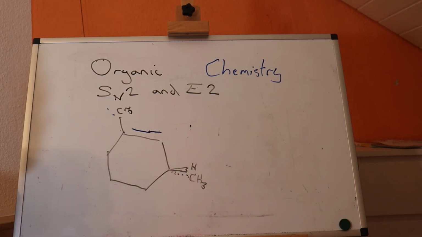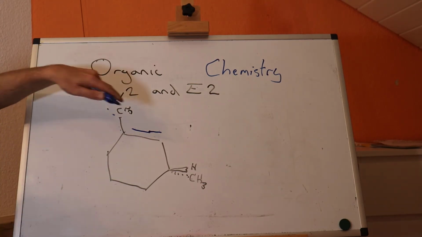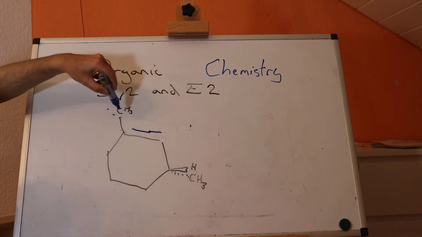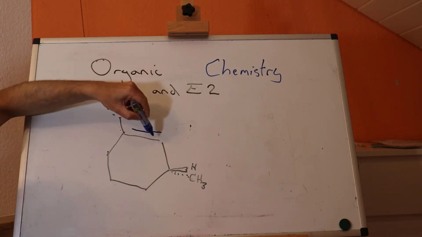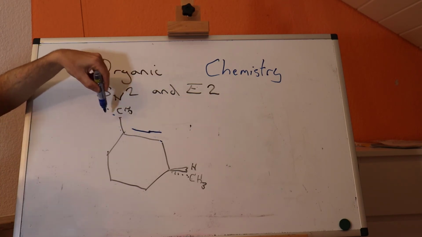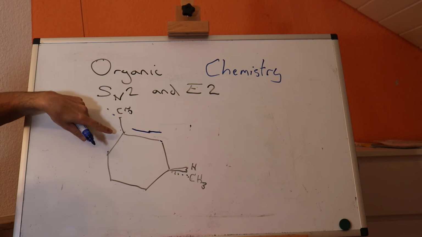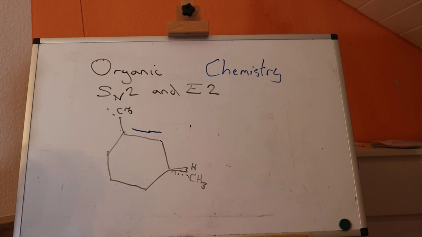So we end up with a not so chiral product, so it's hard to tell. But if we label it in some way, we would always lose this hydrogen. It will always go in this direction because it only had one hydrogen that was in the anti-periplanar configuration that was in the right direction to be lost.